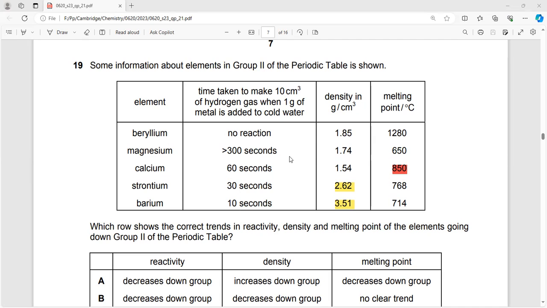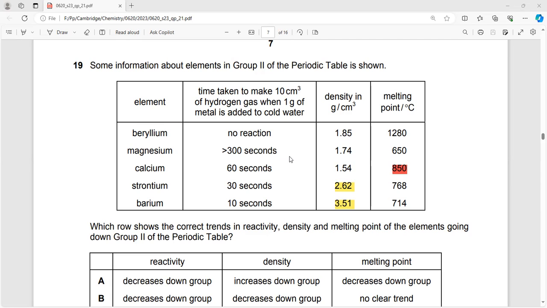So there's a regular trend. The time is decreasing as you move from beryllium to barium down the group. So it means as you move down the group, reactivity is increasing, and they take less time to produce the same product.